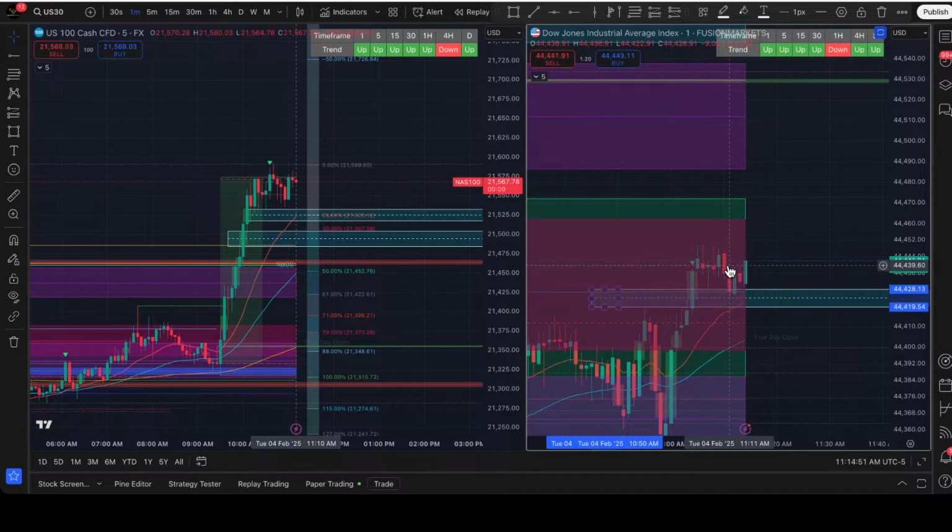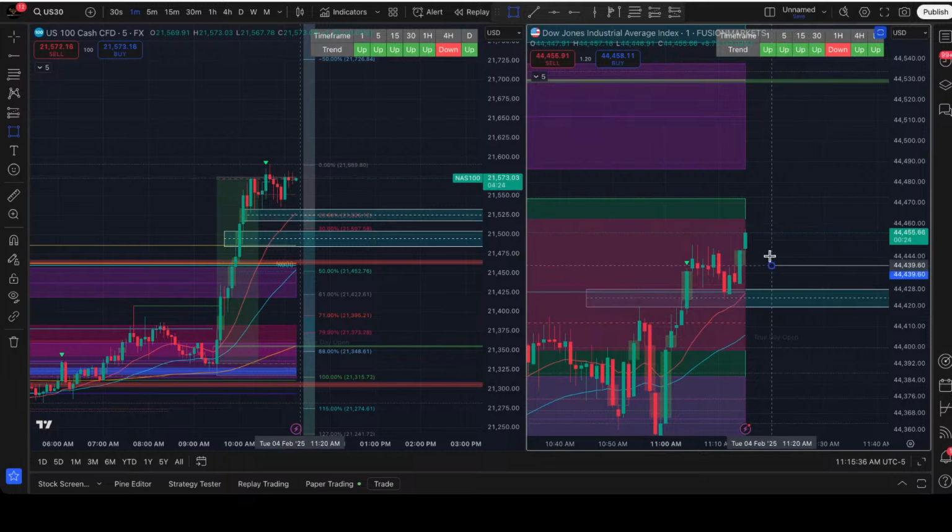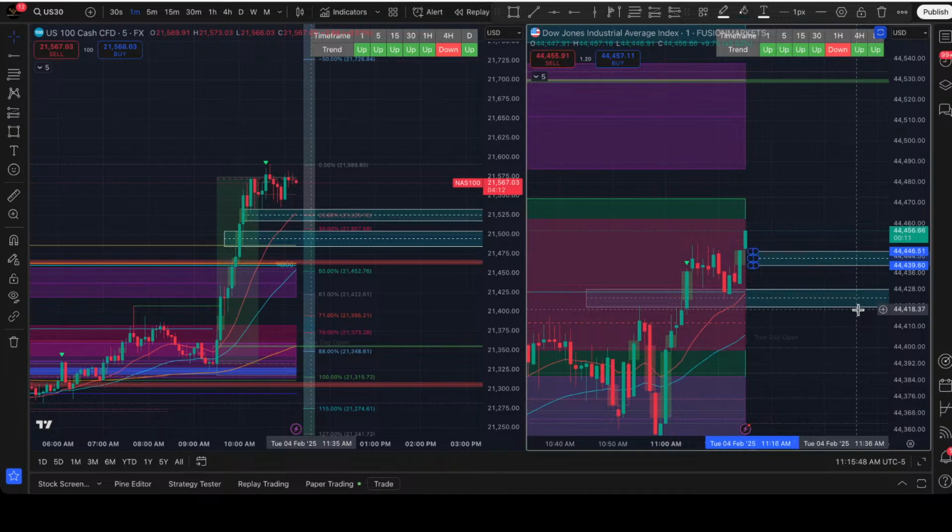See if it gives us our fair value gap first. 6 seconds left. 28 seconds. See if this stays open. 10.